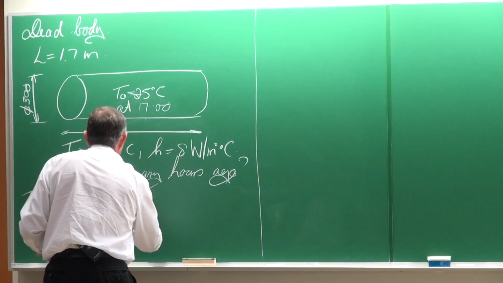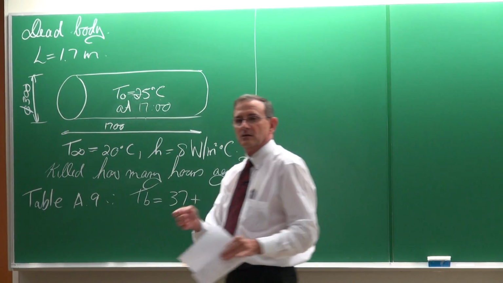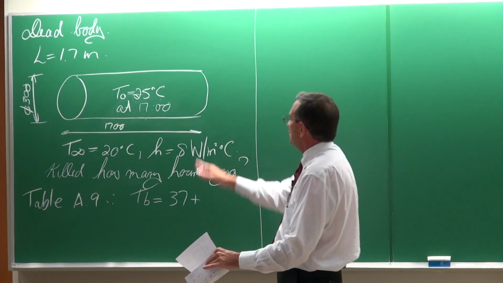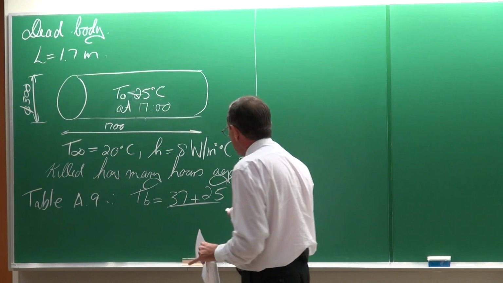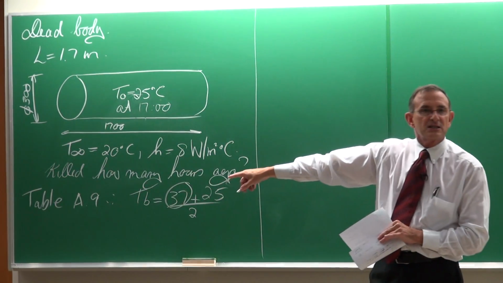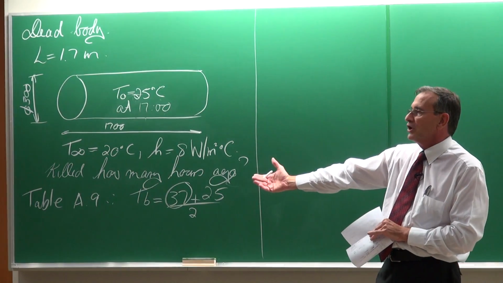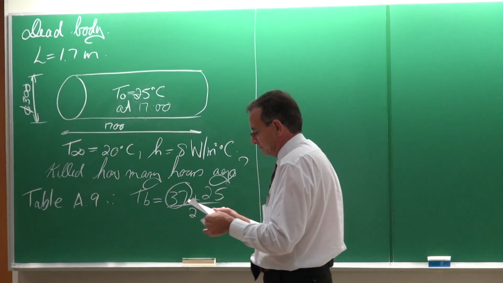So the bulk temperature is considered as typically the temperature at the beginning and the temperature at the end, which is 37 plus 25 divided by 2. Why 37? Because that's typically the temperature of the human body if you're normal, if you're healthy and alive.